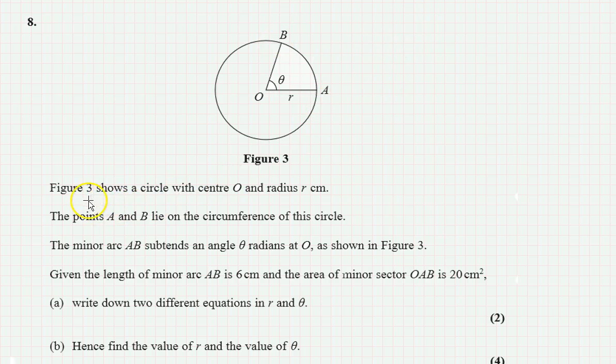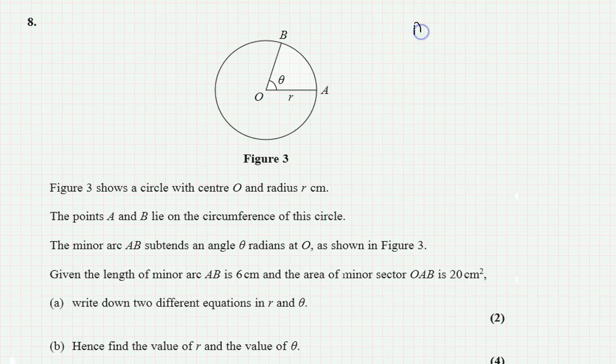Question number 8 is, this figure number 3 shows a circle with center O. The radius is r. Point A and point B lie on the circumference of the circle. The minor arc AB subtends an angle theta at O. Given the length of minor arc AB is 6 cm.